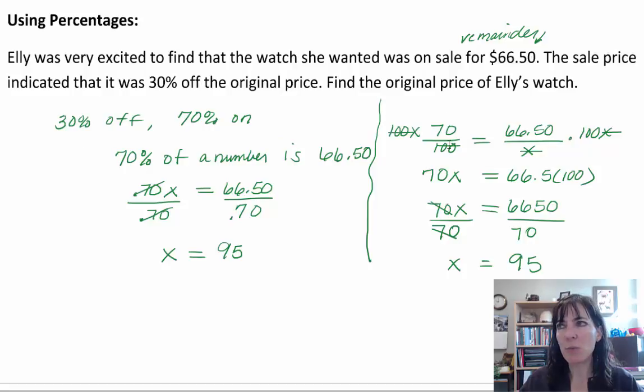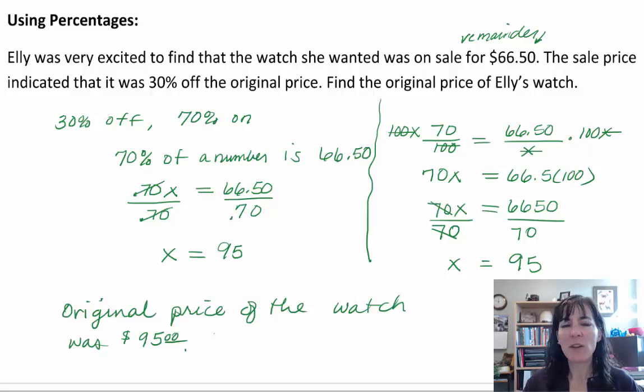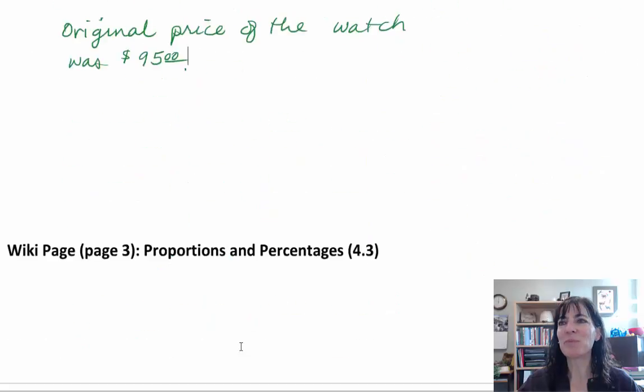And so that 70% is what helped us get both of these equations. So we have 70 over 100, which is the same thing as 70%, and then we had 66.5 over x, which is the same as the sale price over the original price. So knowing that 70% helped us a ton in this problem. So the original price of the watch was $95.